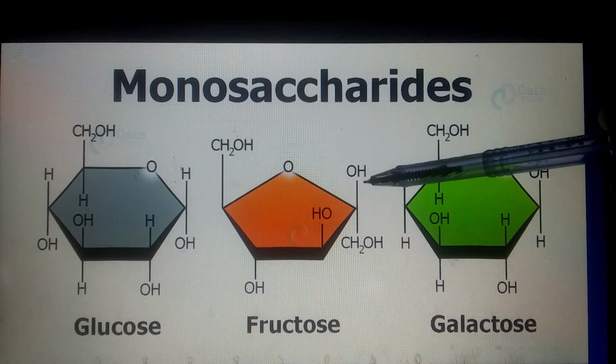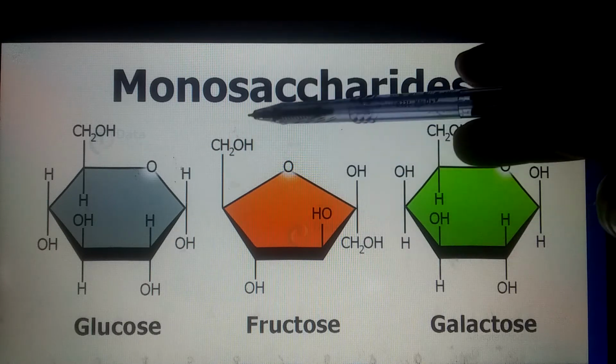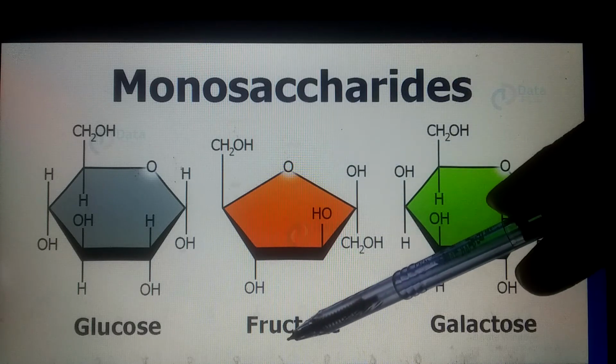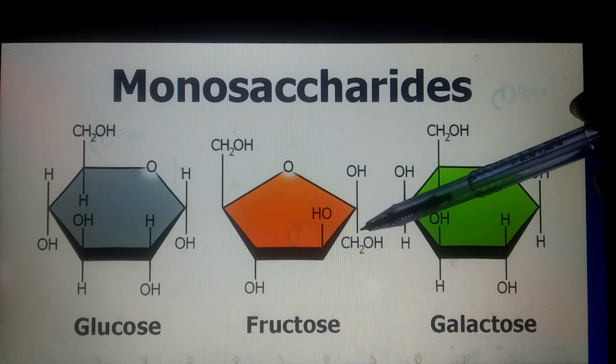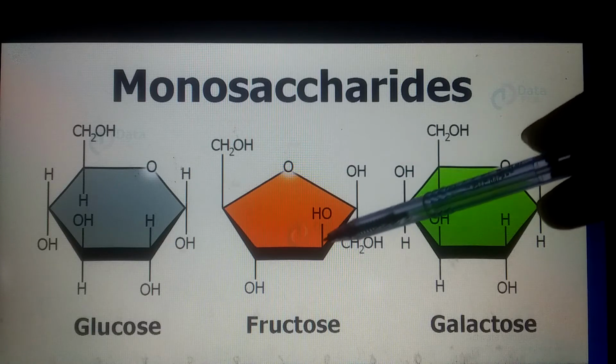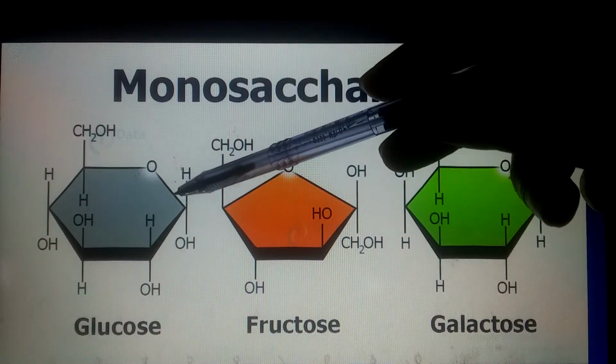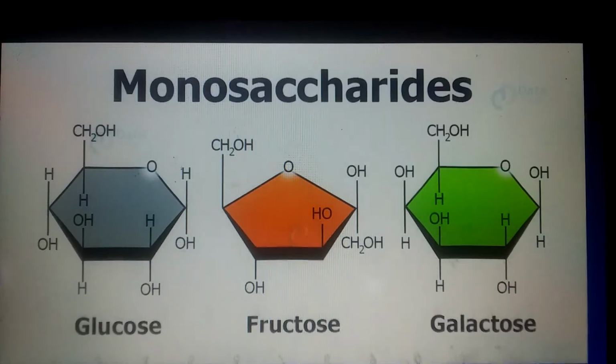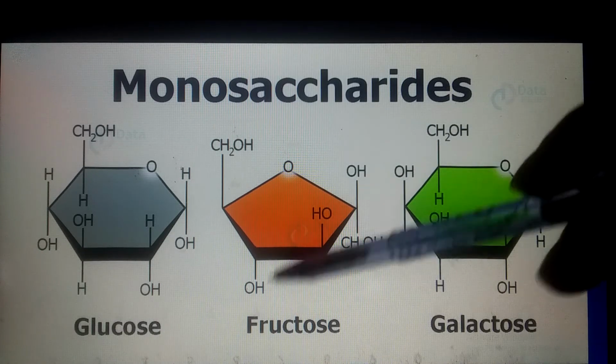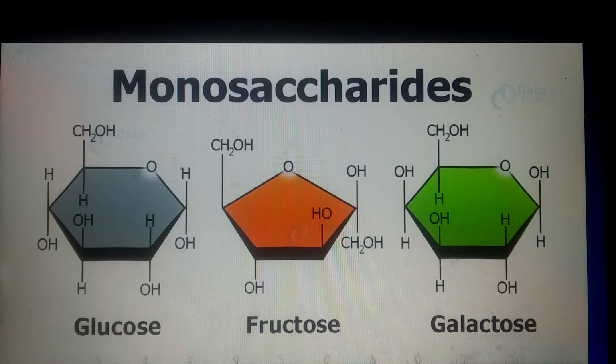This is the fructose, and 6, 1 2 3 4 5 and 6. Is it clear? This is glucose, fructose and galactose, the simplest monosaccharides.